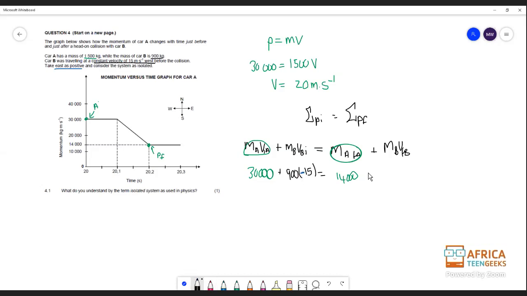And then we say plus 900 times VFB. Okay, and if you plug that into your calculator, I get a final velocity of 2.78 meters per second. And it is a positive value, so for that reason, I'm going to say east.